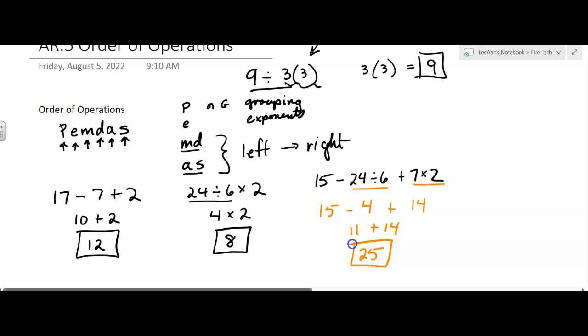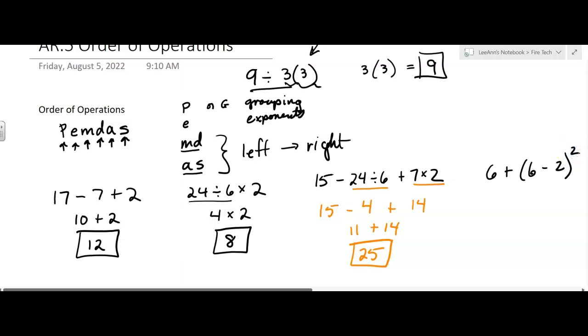And then finally I have one with some parentheses and exponents. Let's say we have 6 plus, oh, shoot, let me rewrite that. 6 plus 6 minus 2 in parentheses, and we're going to square that.